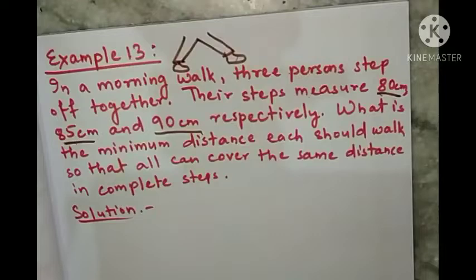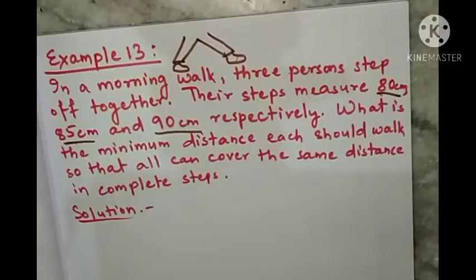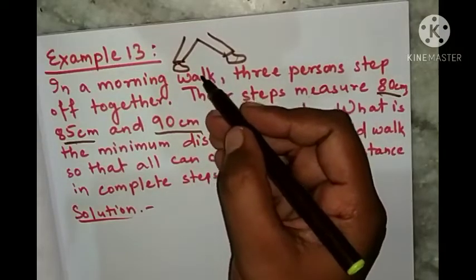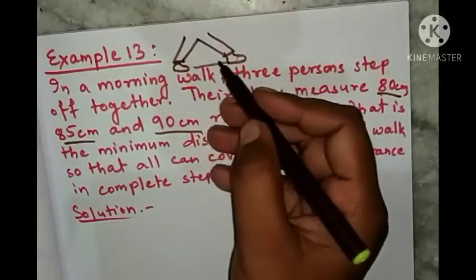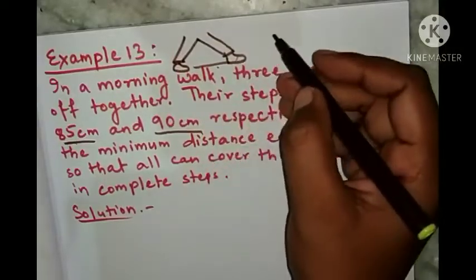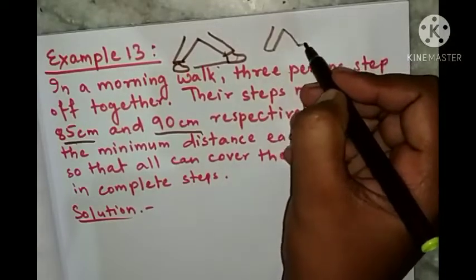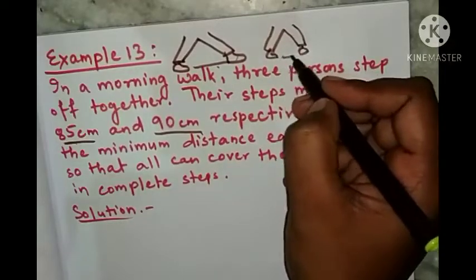Okay. So everybody has different steps. If that one is a tall person, their height is more, then their steps will be more because the distance between their steps is more. If a person is short in height, then what will happen? The distance will be lesser.